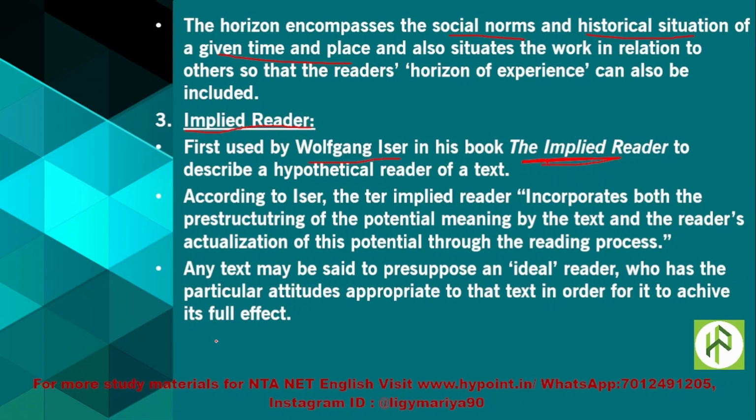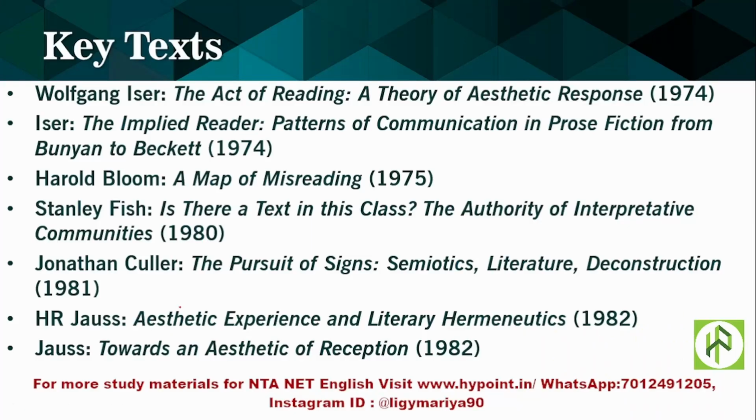The ideal reader of Heart of Darkness is a British, heterosexual, orthodox person. So in that way, the presupposed ideal reader will incorporate certain kinds of attitudes appropriate to the text that will help in achieving its full effect. So these three are the major key concepts related to reader response criticism.